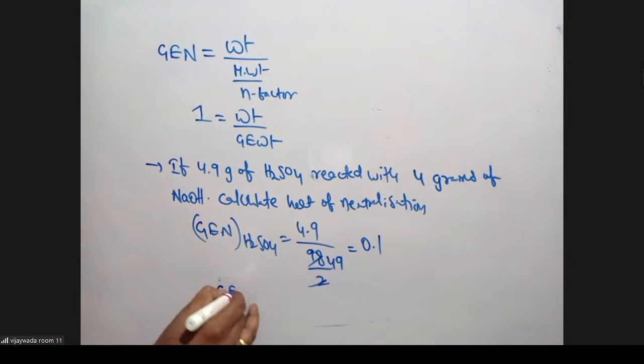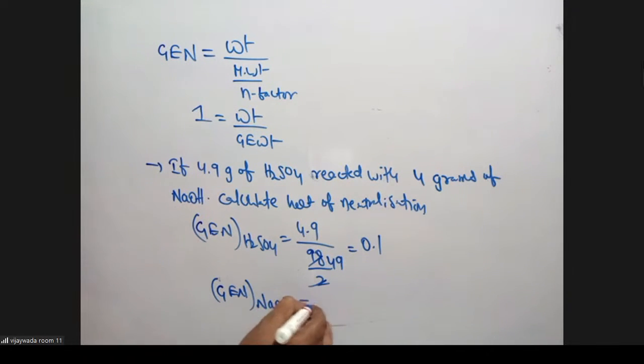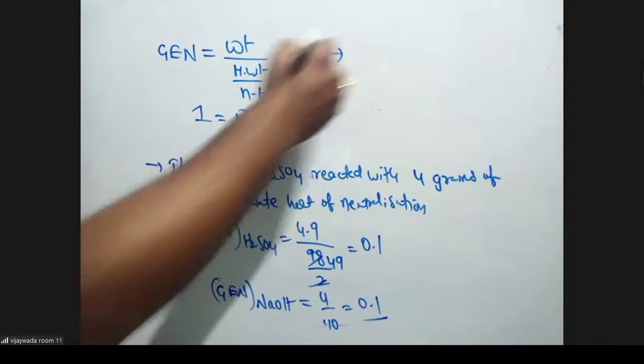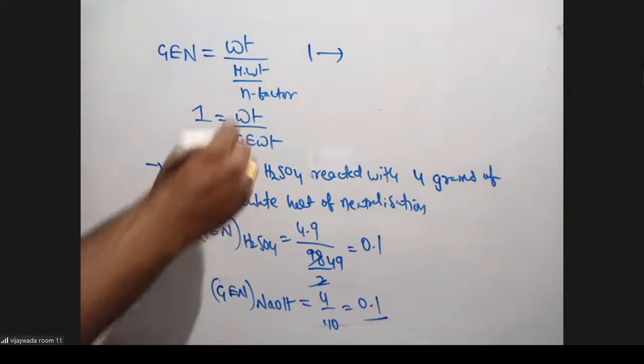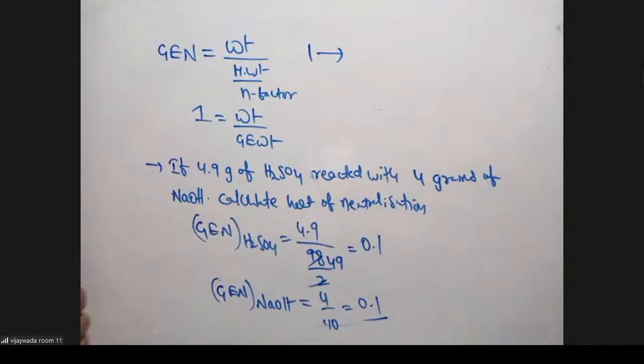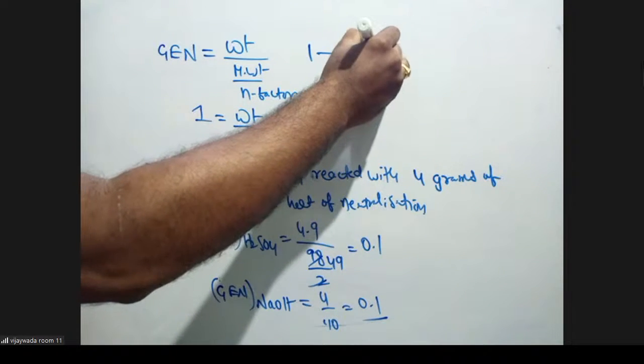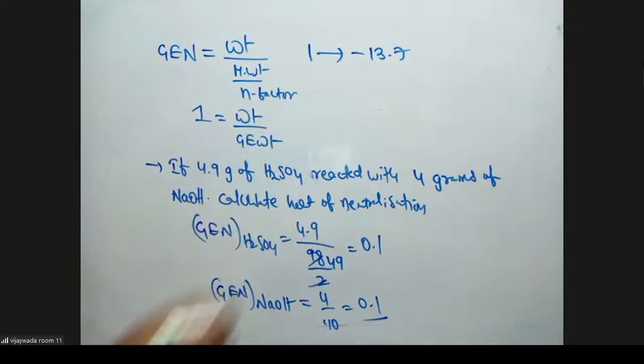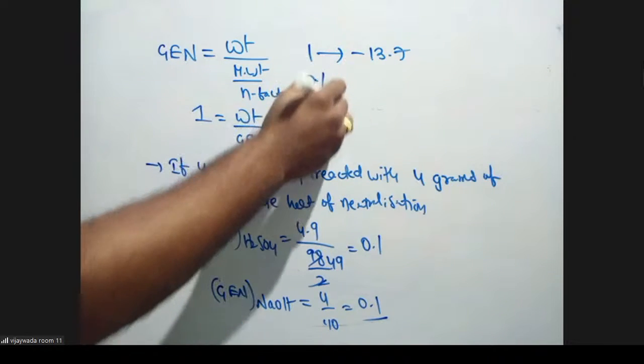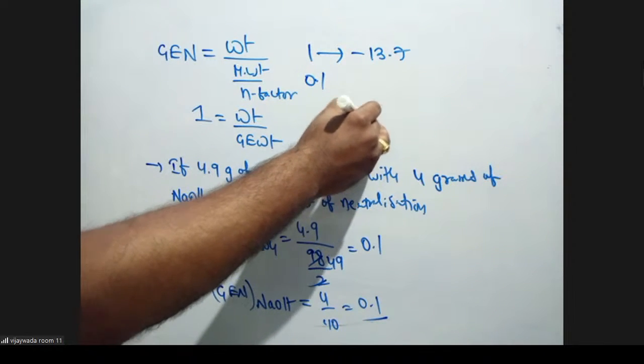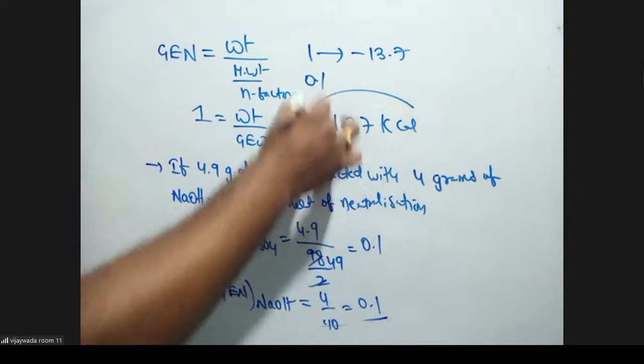Similarly, gram equivalents of NaOH: 4 by 40, again it is 0.1. For 1 gram equivalent of H2SO4 and NaOH reacting together, the released energy is minus 13.7 kilocalories. If it is 0.1, answer is minus 1.37 kilocalories.